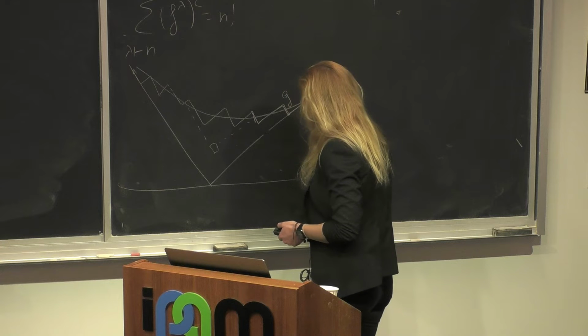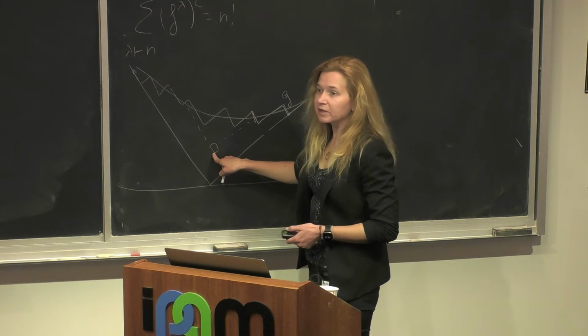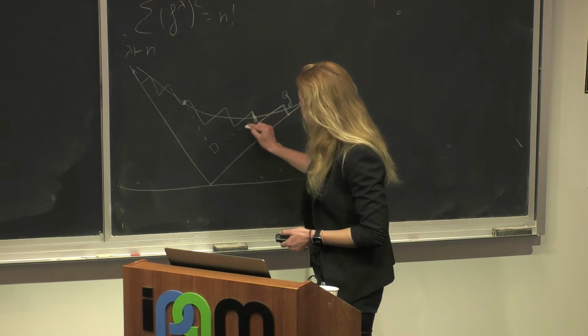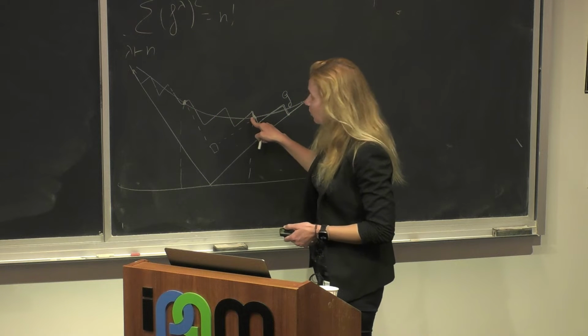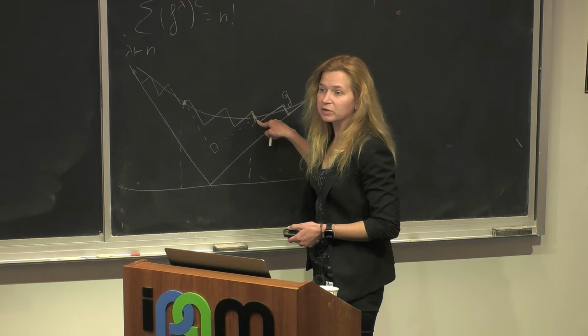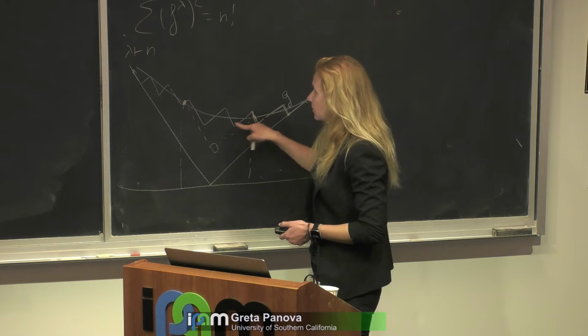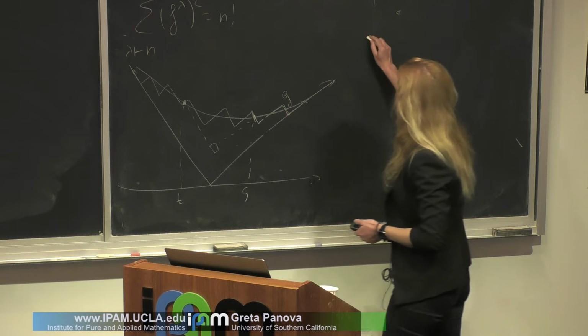And let's say that we have our parameters. What is the hook length in terms of this? It's proportional to the horizontal distance, because everything is at 45-degree angles between these two points. So let's say that this is s and this is t.